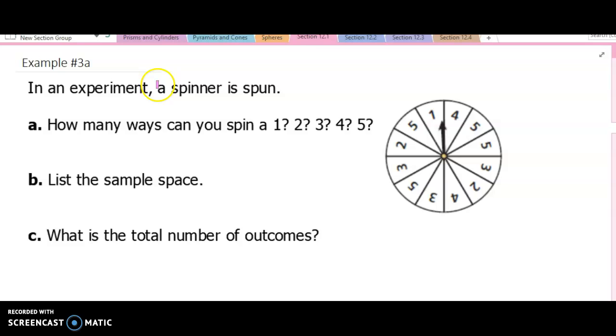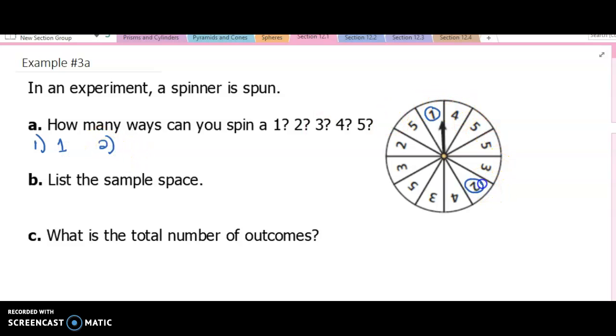It says, in an experiment, a spinner is spun. How many ways can you spin a 1, 2, 3, 4, 5? So let's do 1. How many different ways can we spin it? Well, there's a 1 here, so there's only 1 way to spin a 1. Okay, what about a 2?